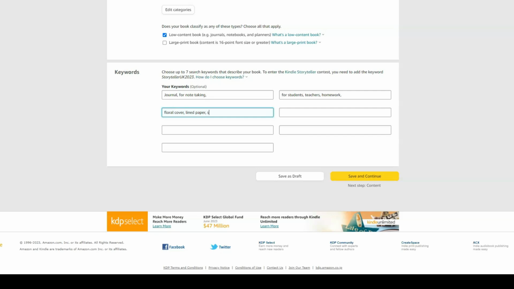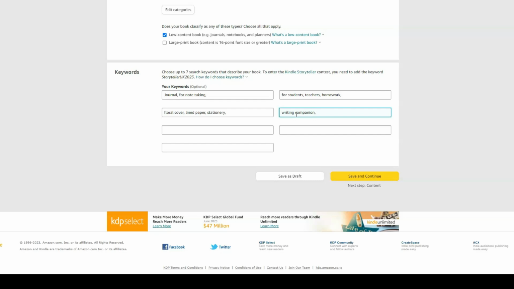We could say stationery, writing companion. I'm trying to think of words that people might type into Amazon to search for a notebook. Someone might type in writing companion, lined pages or something like that.